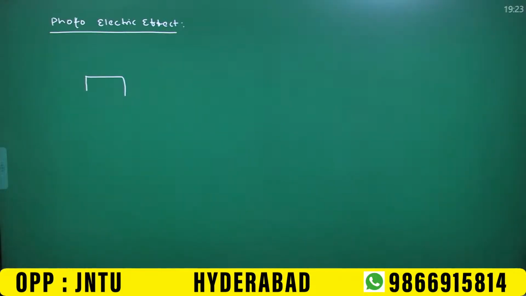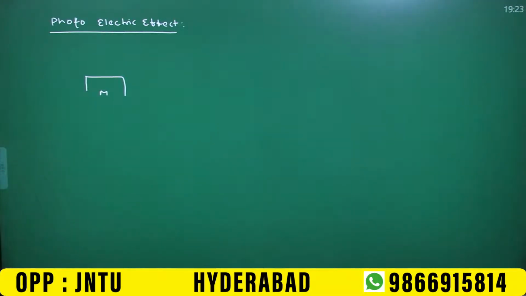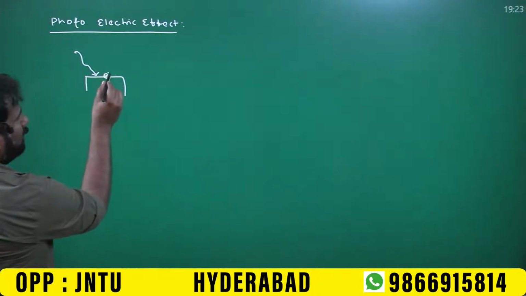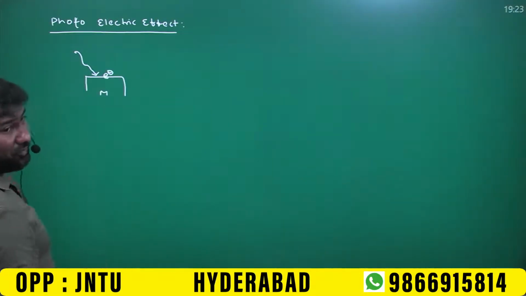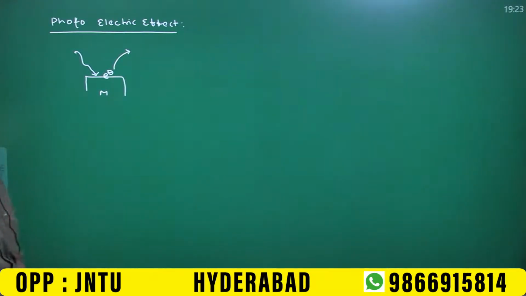This is the given metal, any metal: sodium, potassium, or even iron. Now let me irradiate certain radiation over the surface of the metal. Then what will happen? The electrons present on the surface of this metal will be ejected out.